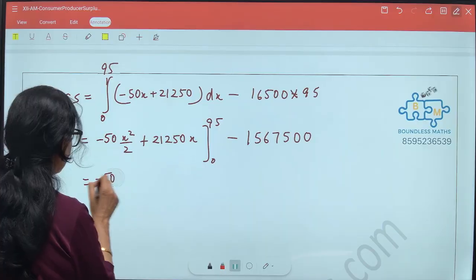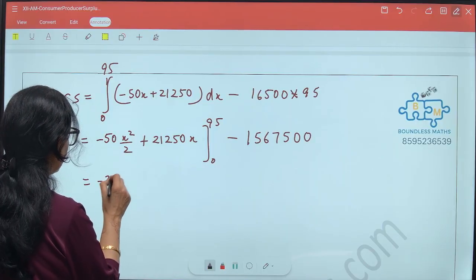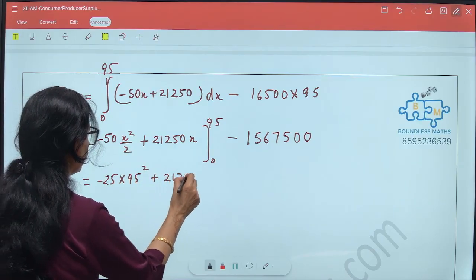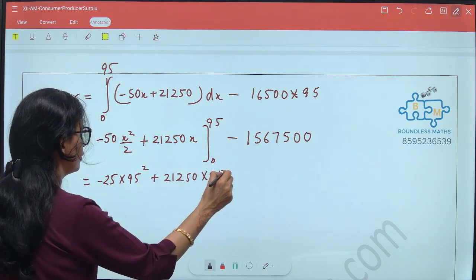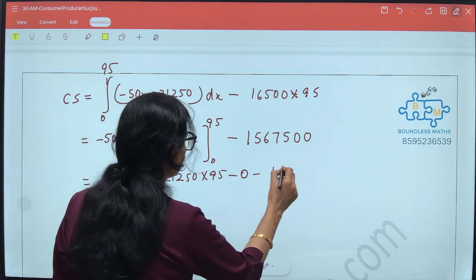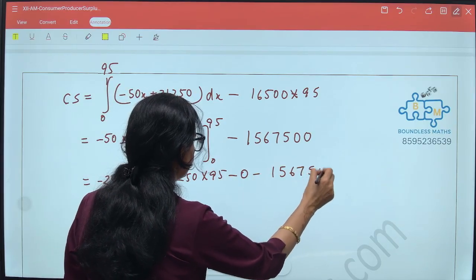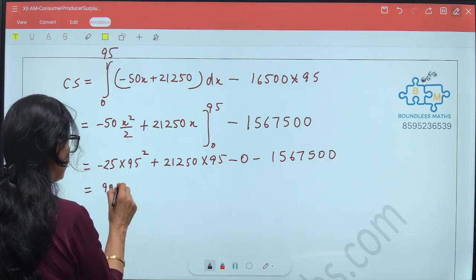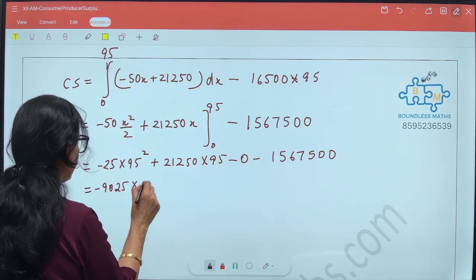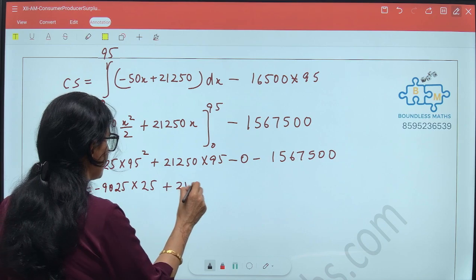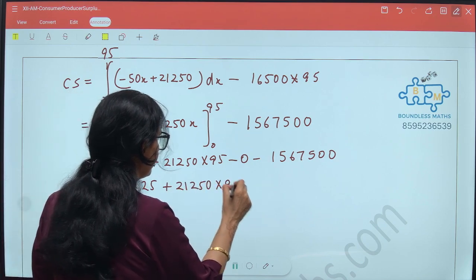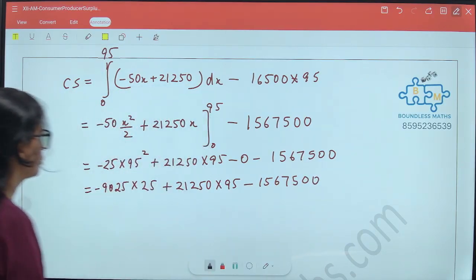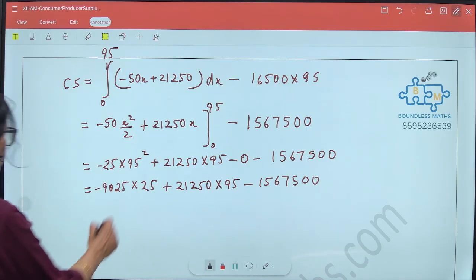So I can write this as minus 25 into 95 square plus 21250 into 95 minus 0, minus 156750. 95 square is 9025. So it is minus 9025 into 25 plus 21250 into 95 minus 156750. Yes, you have to do this calculation. There is no choice.